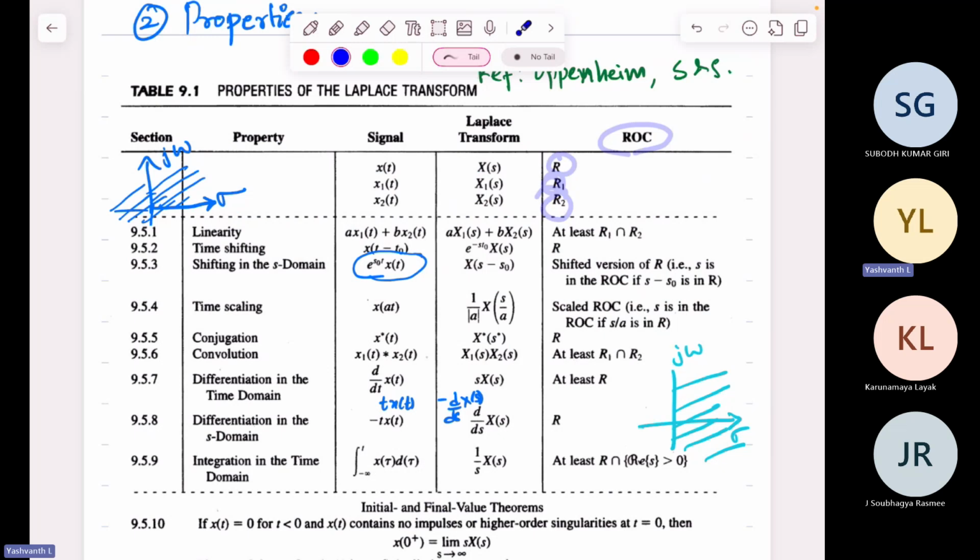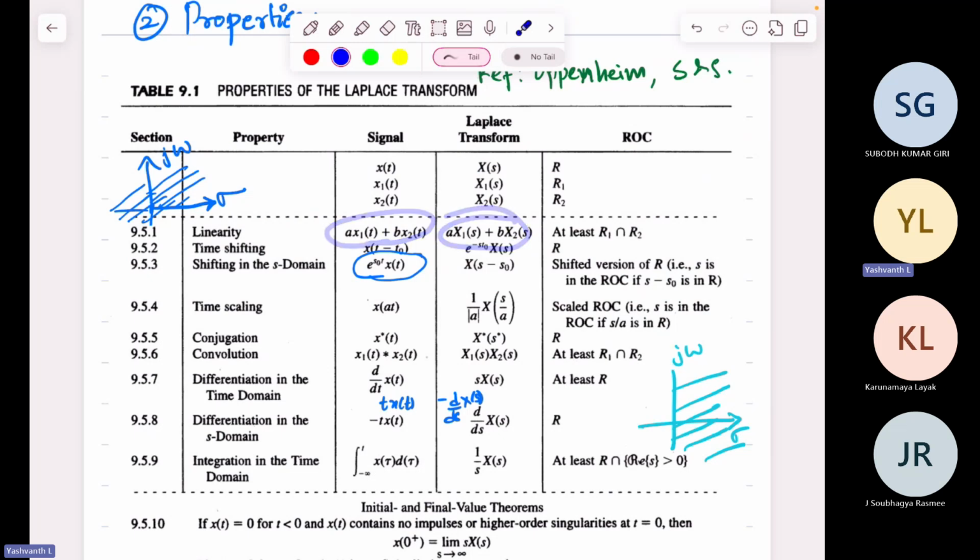The first property is the linearity property, namely that if the Laplace transform of x1 of t is X1 of s and of x2 of t is X2 of s, then the Laplace transform of a x1 of t plus b x2 of t is nothing but a X1 of s plus b X2 of s. That is basically the linearity property.